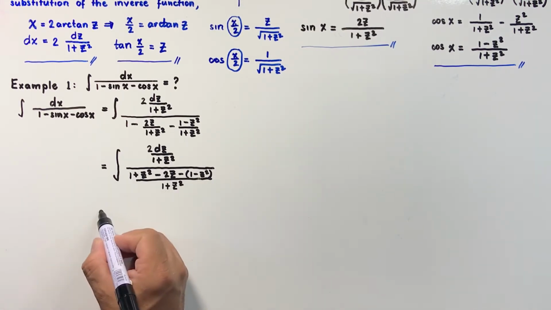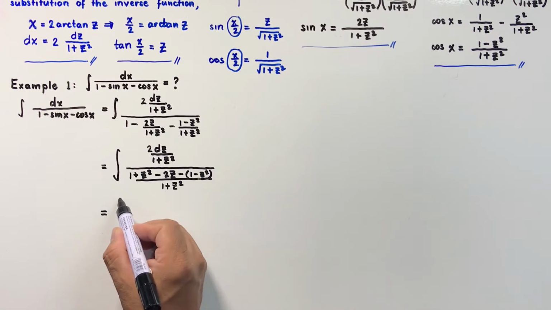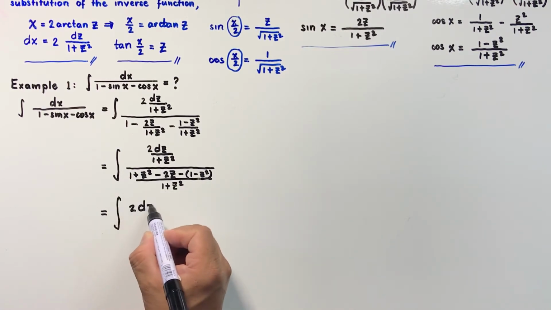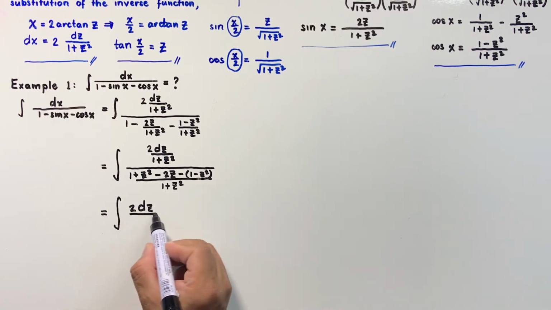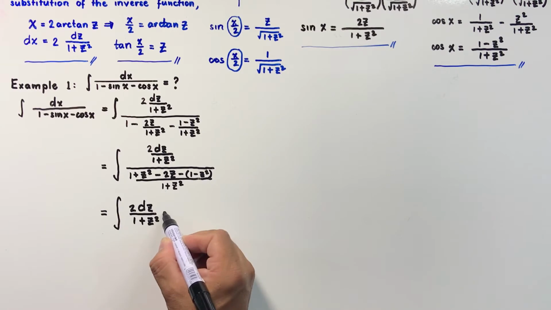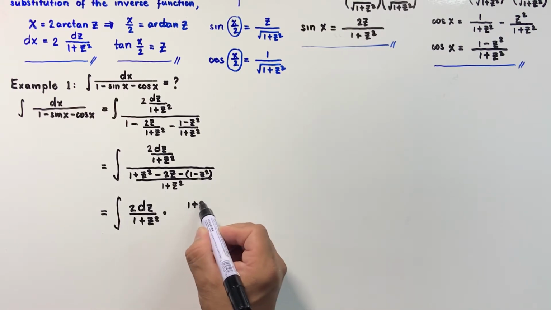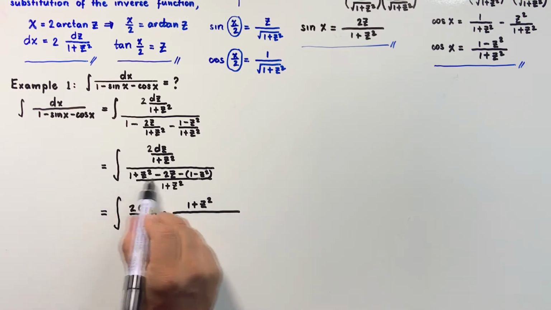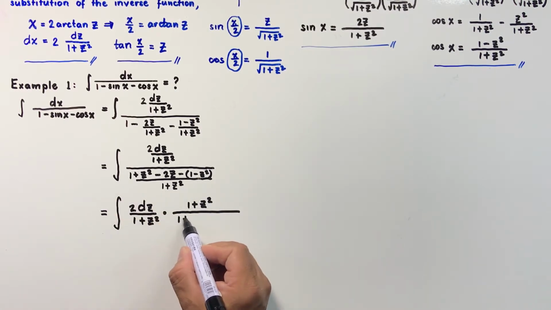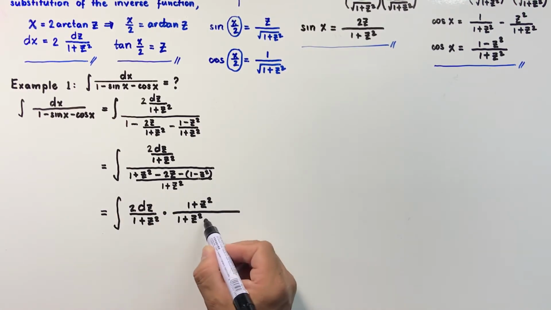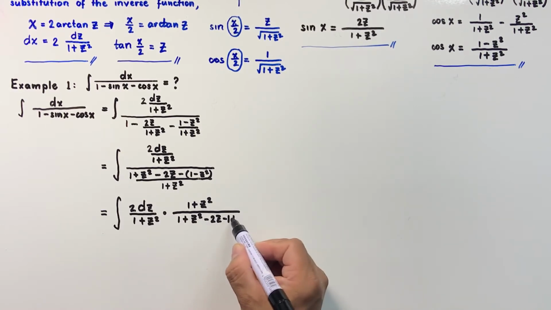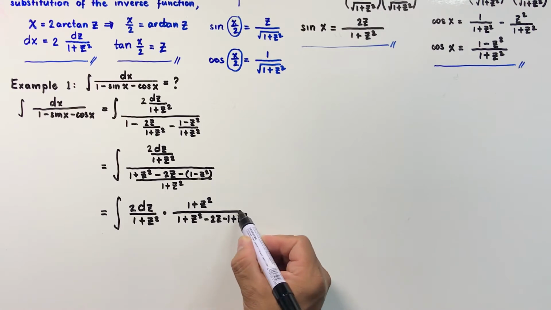Now, simplifying it further, we have this numerator, which is 2dz over the denominator of 1 plus z squared times the reciprocal of the denominator, which is 1 plus z squared over this one, which is 1 plus z squared minus 2z minus 1 plus the z squared here.